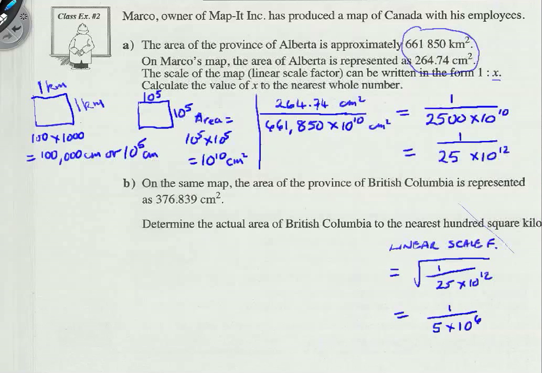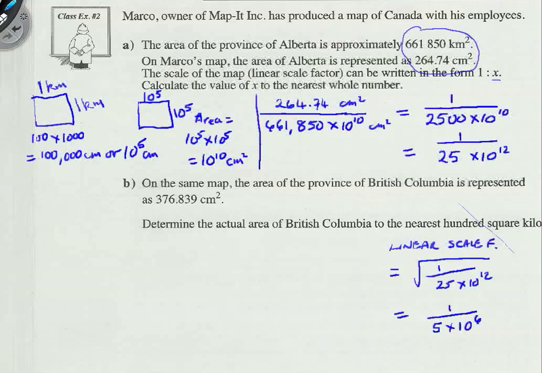So let's use the same units now to get the scale factor here. A ratio of 264.74 square centimeters to 661,850 multiplied by 10 to the 10 to scale up into square centimeters. So we've changed this area in square kilometers to the area in square centimeters.